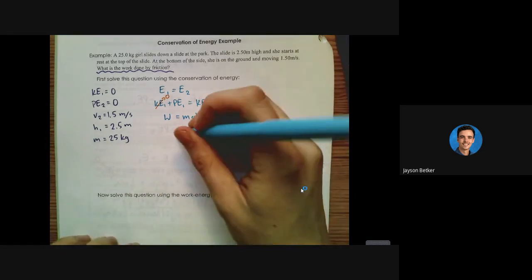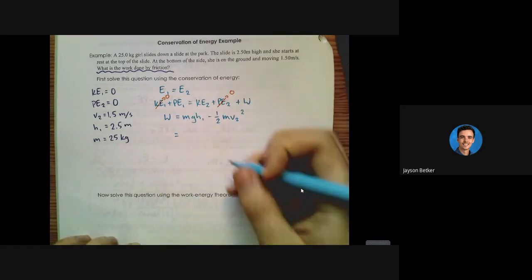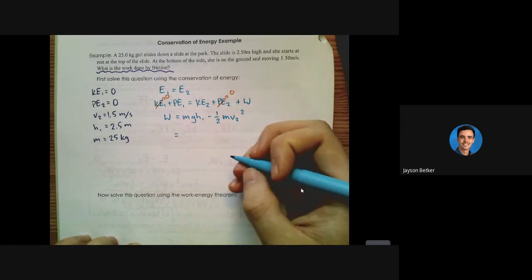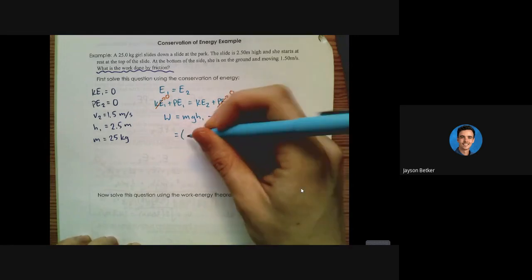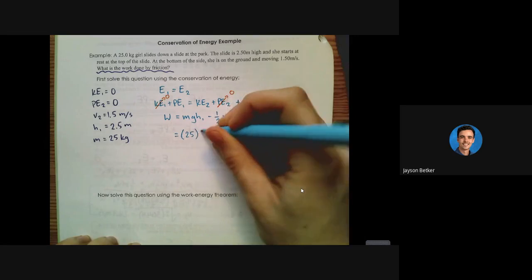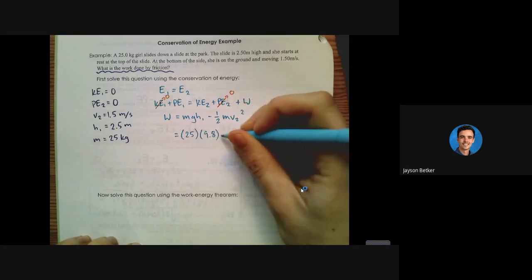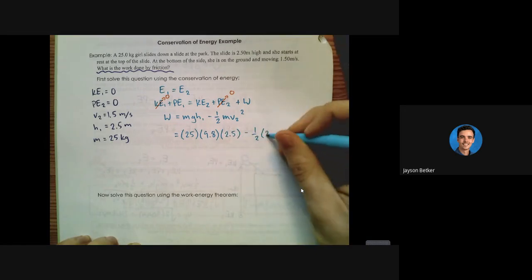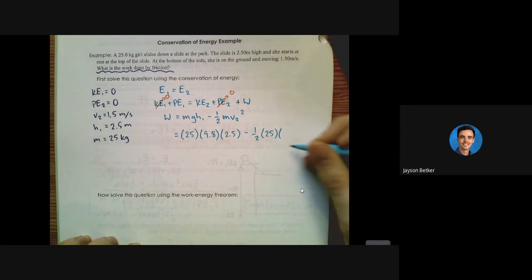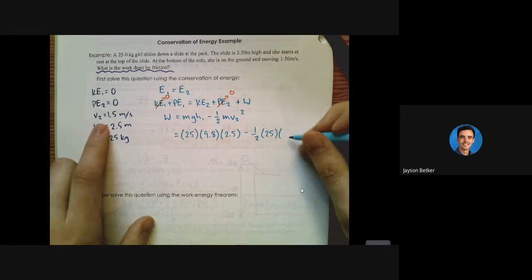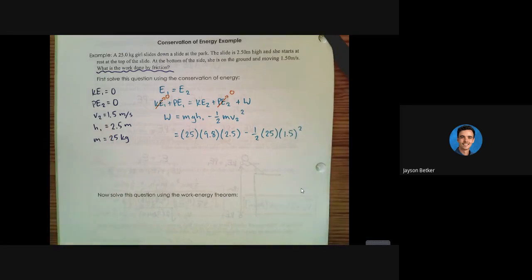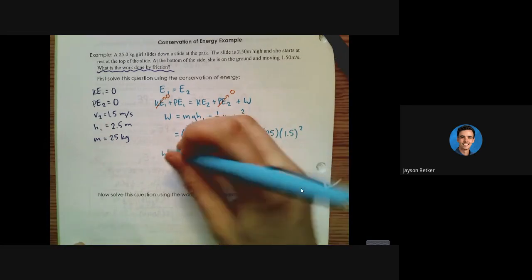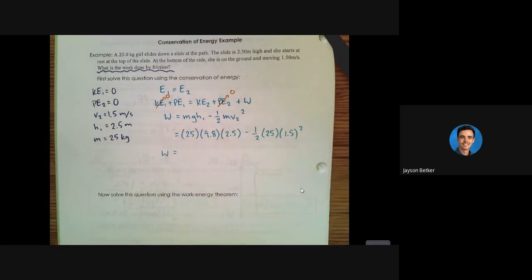And then we'll plug in our values. We can't cancel out the m's here, so we'll write them out. 25 times 9.8 times 2.5 minus 1/2 times 25 times our V2, which is 1.5 squared. And if we do all that, work, remember, is just a scalar.